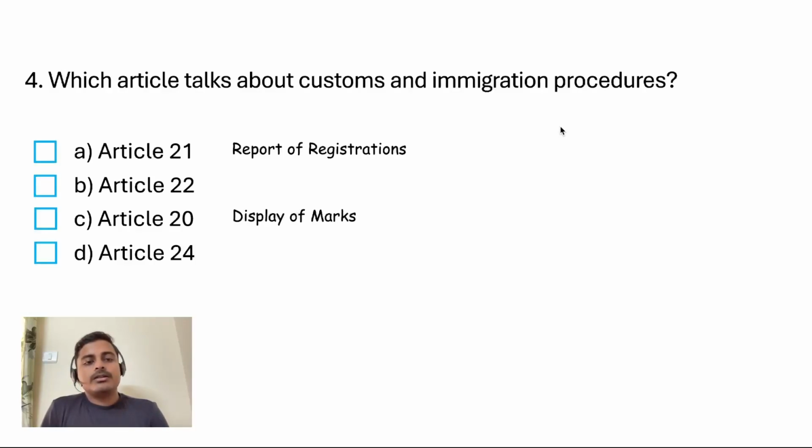Article 20 talks about display of marks. The nationality and registration marks of an aircraft should be displayed. Article 24 talks about the customs duty, and Article 22 is the one which talks about facilitation of formalities. Formalities like immigration, customs, and all those things. So the correct option is B, Article 22.